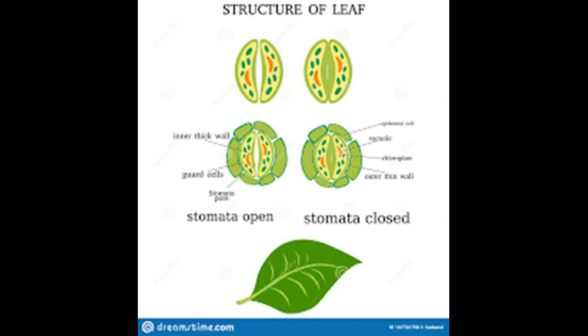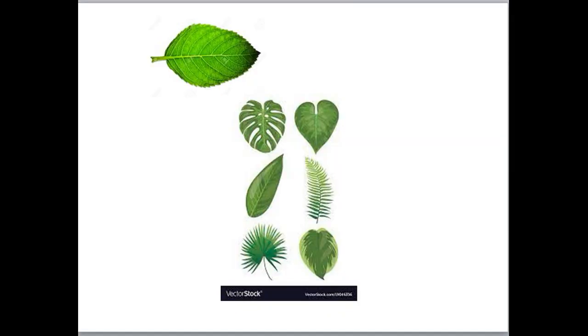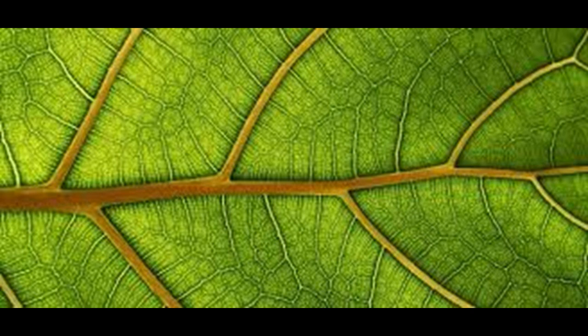If the stomata open, it means the plants are going to absorb air. So there are different types of leaves, and the shape and structure are different, but they contain the same thing called stomata.